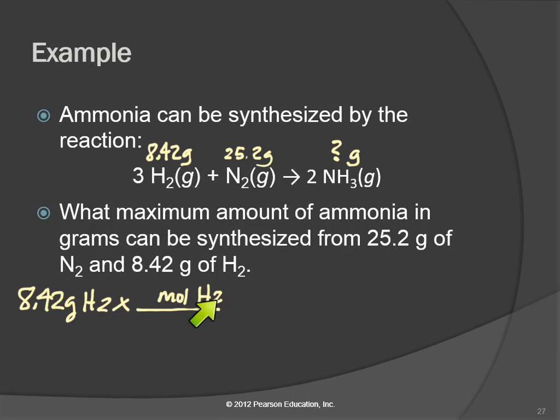Here, the hydrogen is staying the same. The unit is changing. I don't want to change 2 things at once. That's not a good plan. So I want to go moles of hydrogen, and then what do I want to convert that into? Moles of what I'm trying to find, moles of ammonia. And then what's the next term? Grams of ammonia.